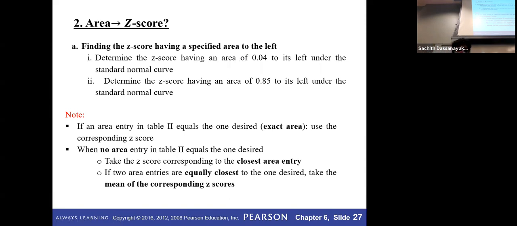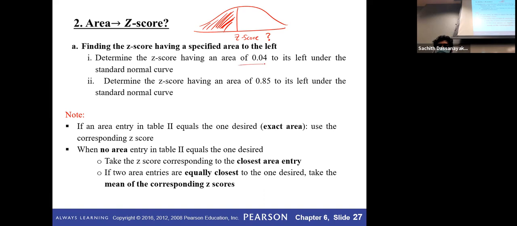So the area is given, and you need to find the corresponding C score value. Area is given, let's say this much. So you need to find this C score value.